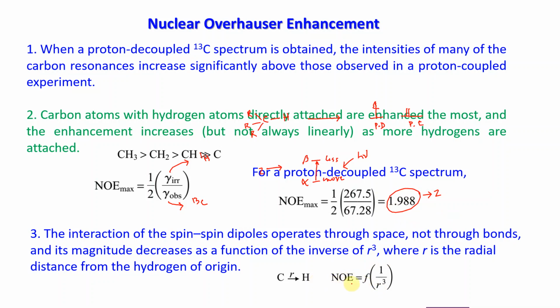So your nuclear Overhauser enhancement is proportional to 1 by r cubed, where r is the distance between the carbon and hydrogen, okay. If your carbon and hydrogen are close enough, you have more nuclear Overhauser effect. If they are far away, the nuclear Overhauser effect will be less, okay. So that means a closer hydrogen will impart more enhancement than a hydrogen which is away from the carbon.